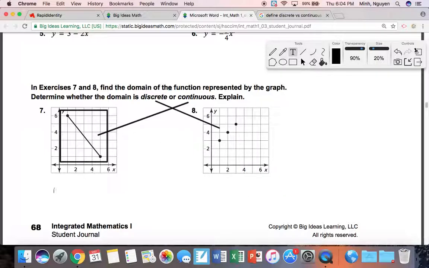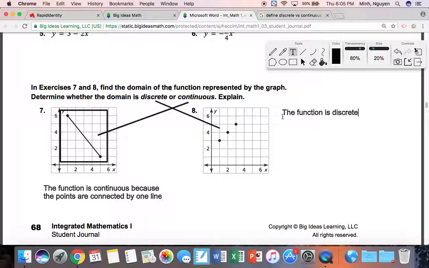So here I would say the function is continuous because the line is all connected, or sorry, the points are connected by one line. Here I would say the function is discrete, or sorry, the domain, I did not mean to say function, the domain.